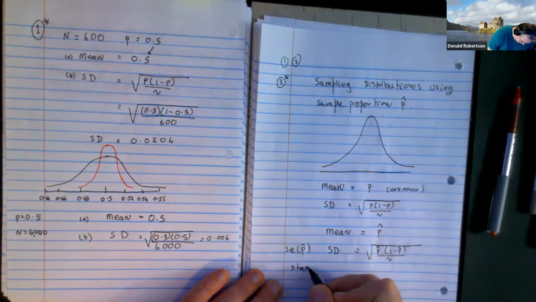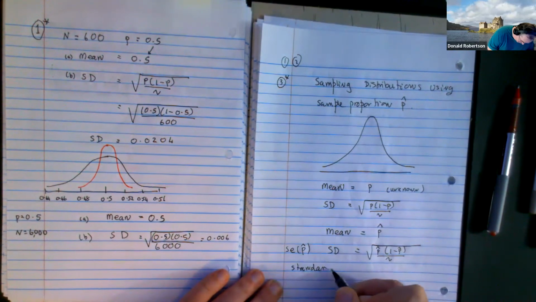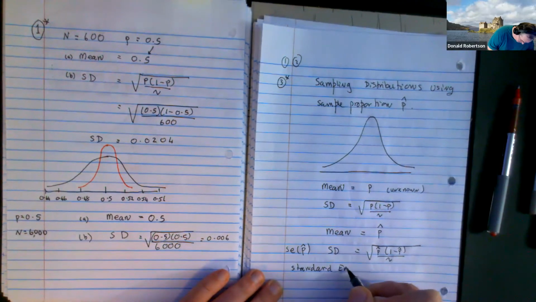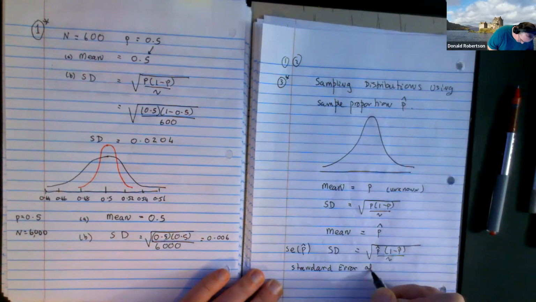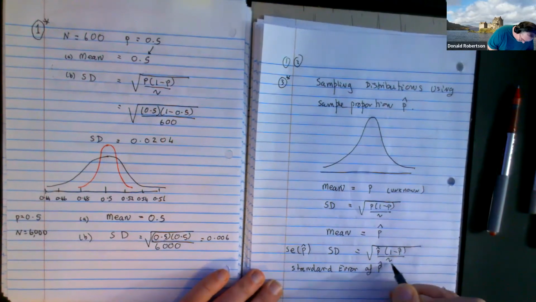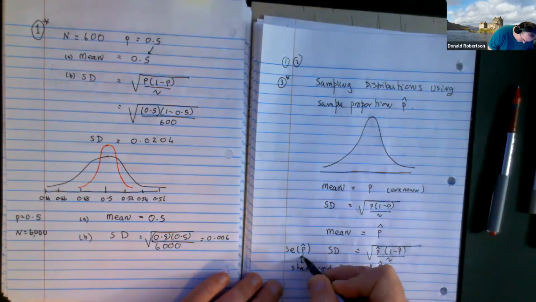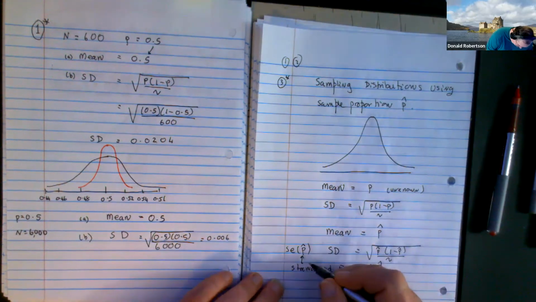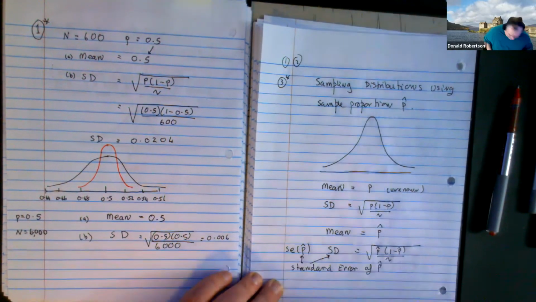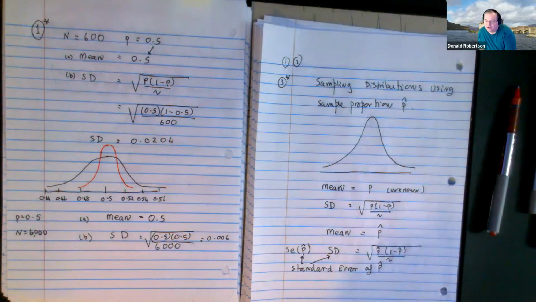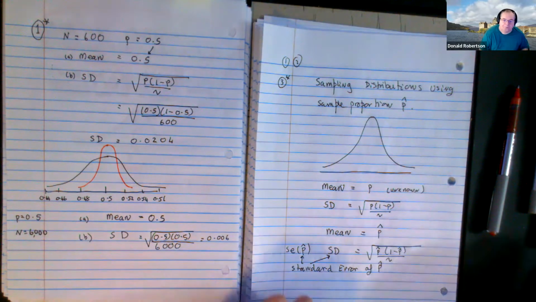So standard error of p hat. And the standard error of p hat is another name for the standard deviation, right, of the sampling distribution, at least an estimate of it. Okay.